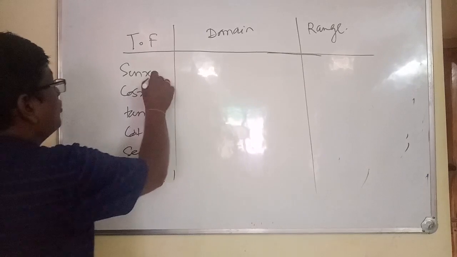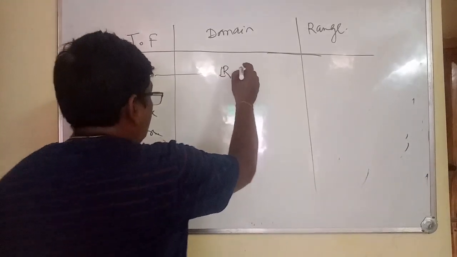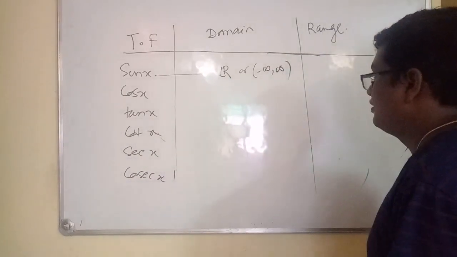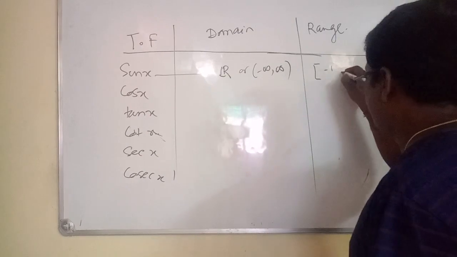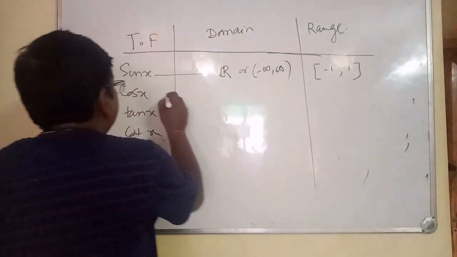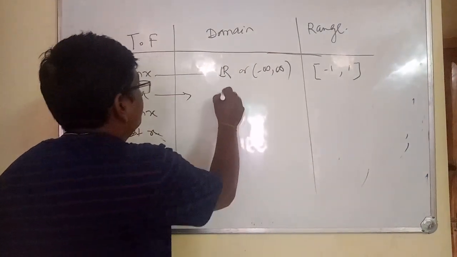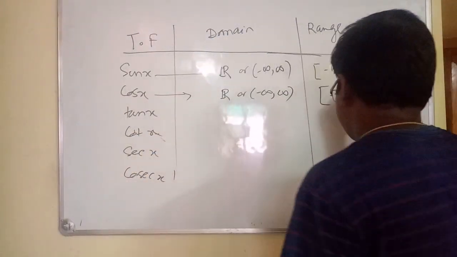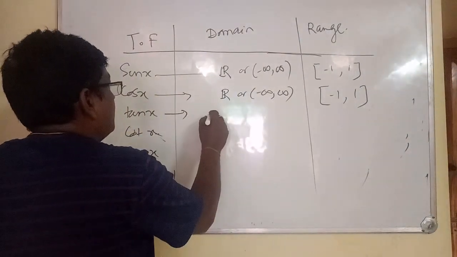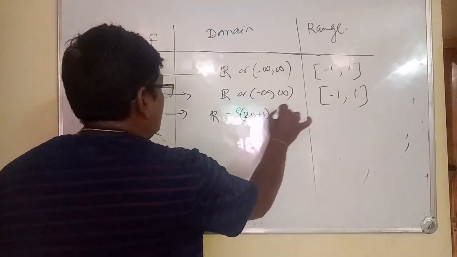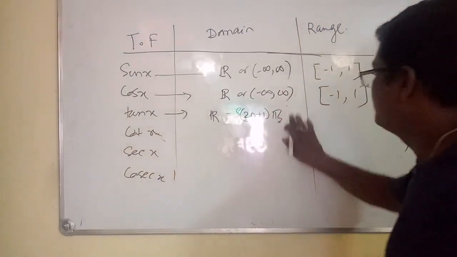Clear? Domain: this is R, the set of real numbers, or we can write minus infinity to plus infinity, and the range is minus 1 to plus 1, the maximum value and minimum value. Range means that. And this is R, or minus infinity to plus infinity, and this is minus 1 to plus 1, and this is R minus (2n plus 1) pi by 2, n belongs to Z.